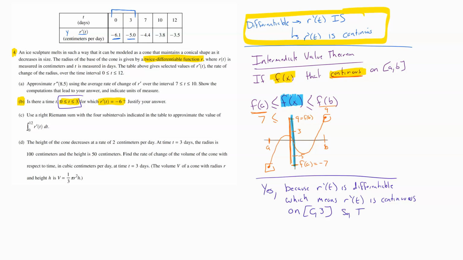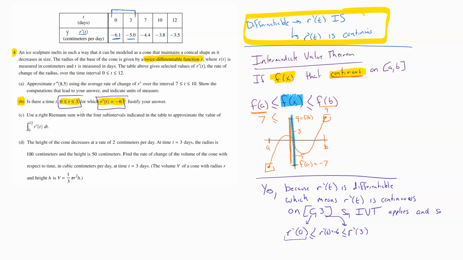So the intermediate value theorem, IVT, I'm not going to write it out again, but you can write it out on the test, applies. And so between those endpoints, between r prime of 0 and r prime of 3, there has got to be a value such that r prime of t equals -6.